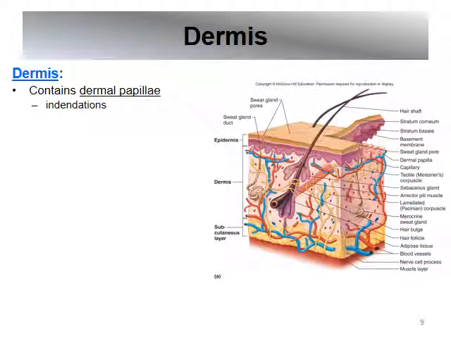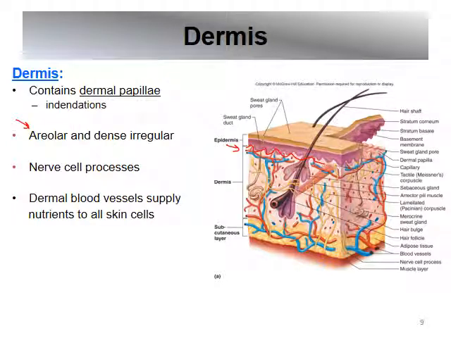The next layer, the dermis. If you notice, in between the epidermis and the dermis, you are seeing this curvy line here. This curvy line is called the dermal papillae. Our fingerprints are just the deeper indentations of these dermal papillae. In the dermis, as we saw in that slide at the beginning, the two tissues making up dermis are the areolar and the dense irregular.